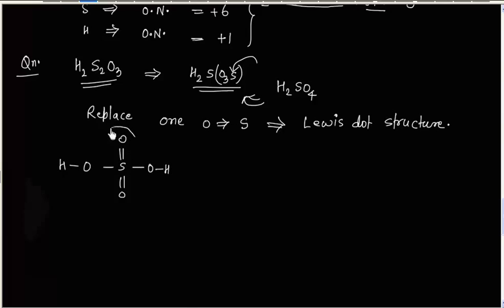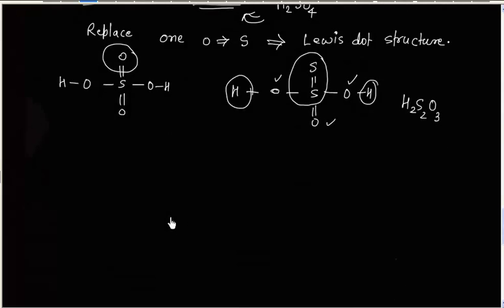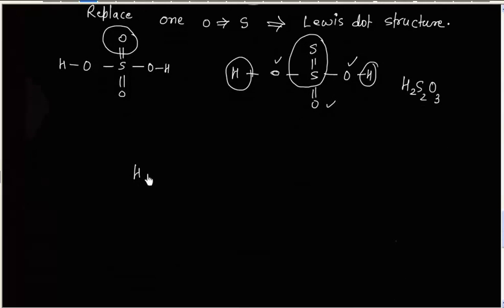Now if I replace this oxygen with sulfur, we will have the structure of H2S2O3. So we have 2 hydrogen, that is H2. We have 2 sulfur, that is S2. And then we have 3 oxygen. So this is H2S2O3. Now we want to calculate the oxidation number.